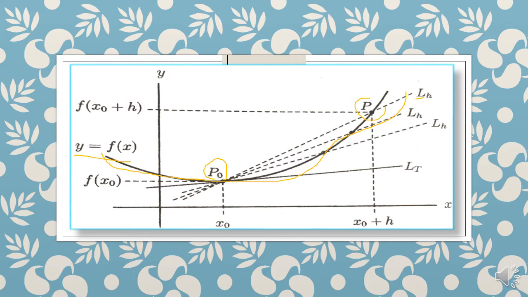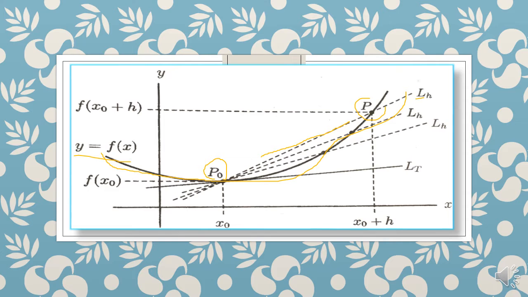So si L sub h na line ay dumaan sa point na P sub O and point P sa curve na y equals f of x. In this figure, class, the line L sub h, itong dashed line na yan, is a secant line, a line passing through 2 points in a curve. Di ba dumaan siya ng 2 points sa curve natin at the point P sub O and point P.